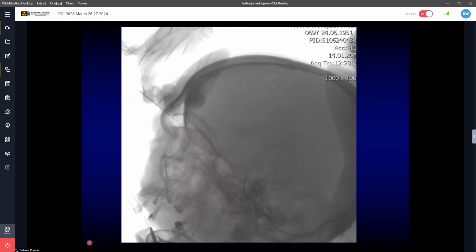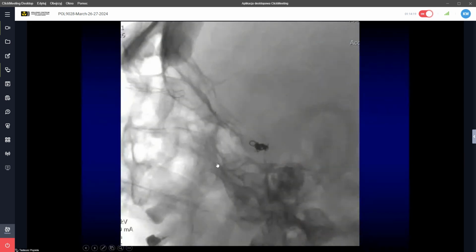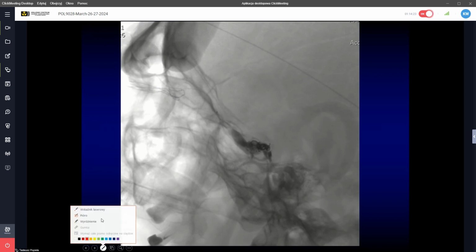So this is the needle, and at the moment, giving the contrast through the arterial side, we can control where we are. And here, I hope that you can see it, this is the microcatheter. This is the proximal marker, and here is the distal marker.